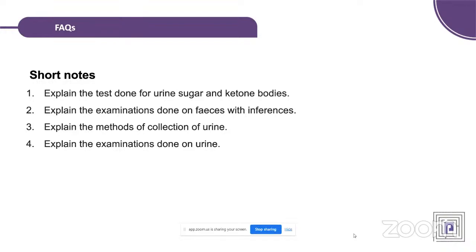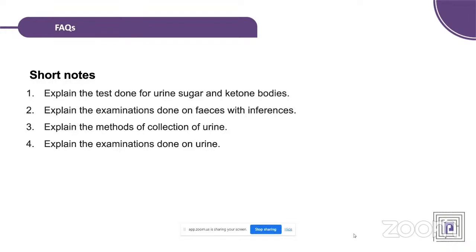What is the method? You take 5 ml of the urine in a test tube, and then saturate it with ammonium sulfate, and add a small crystal of sodium nitroprusside into the test tube. And then liquor ammonia, which is also a part of this test, is added. All these are components of the test, so you have to describe these also: what things are needed for this test, the principle of the test, and then the method of the test.